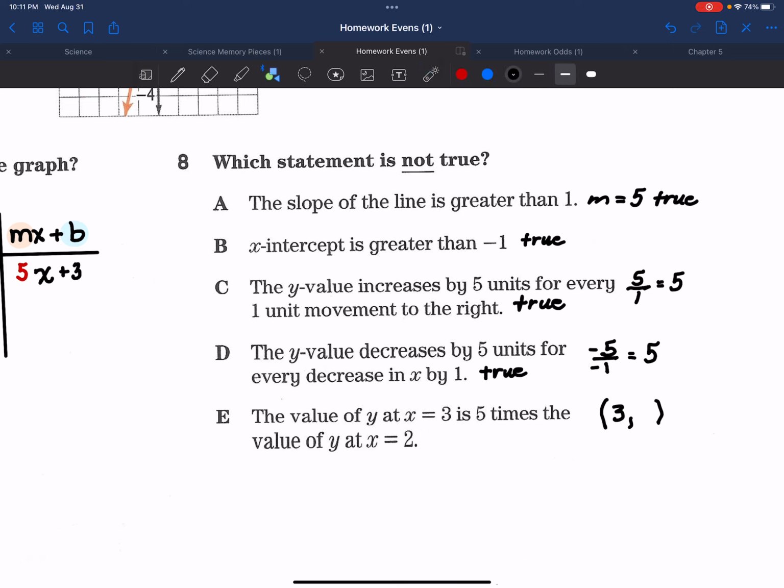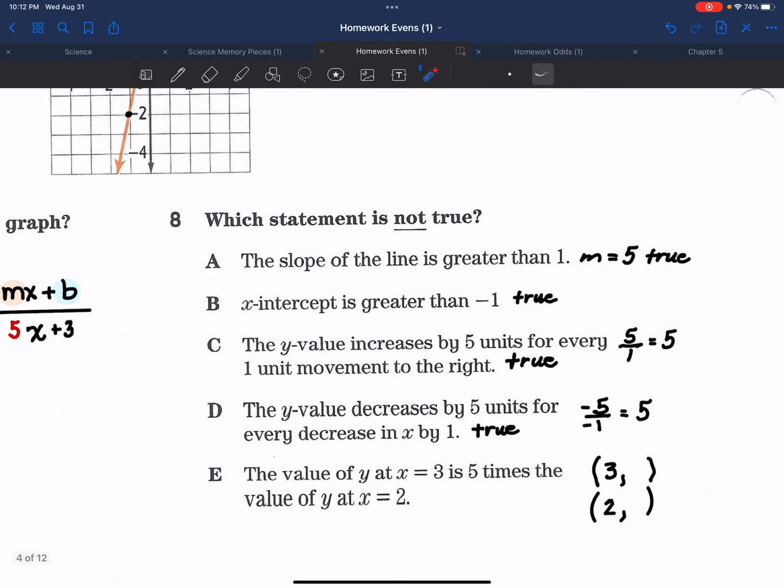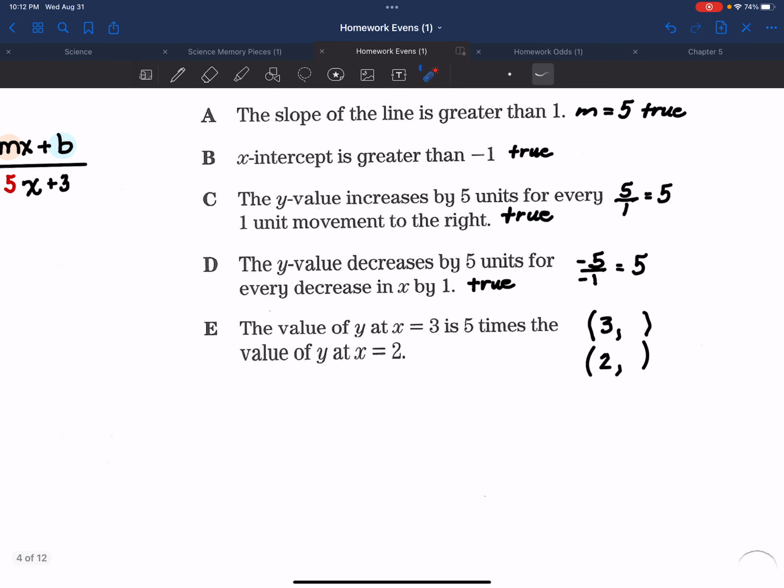When x is 2, y is also unknown. So how in the world are we going to figure this out? The value of y at x equals 3 is 5 times the value of y at x equals 2.